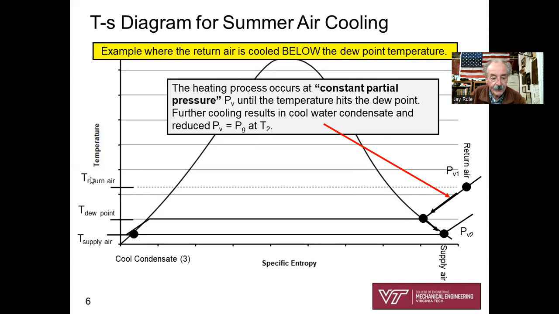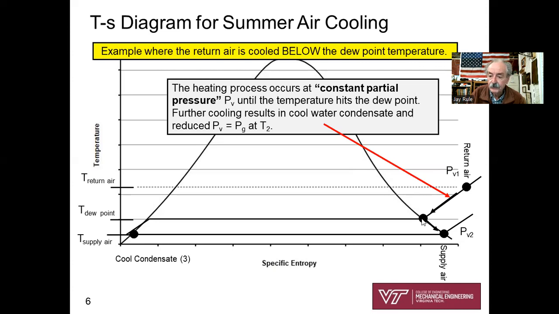But we're starting here at our return air temperature coming into the air handler at a low partial pressure, PV1. We're going to be cooling it down across that evaporator coil, and we're going to cool it and cool it and cool it down at constant partial pressure until we hit the dew point.